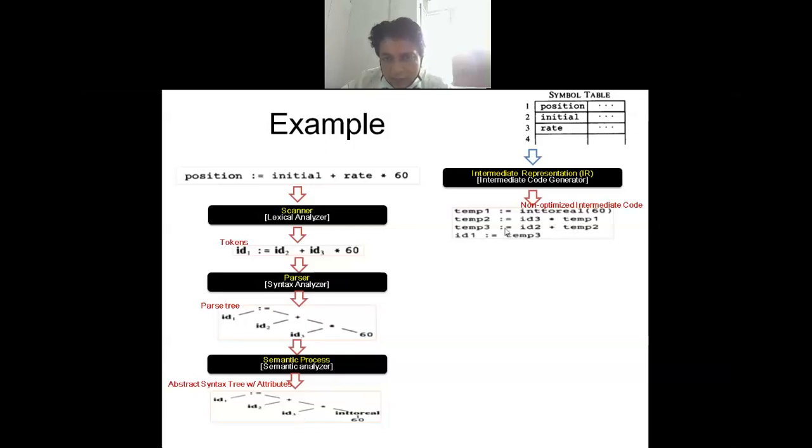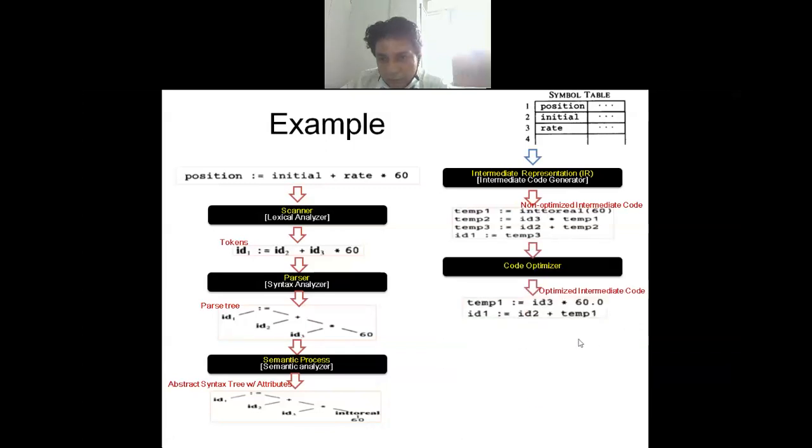In temp3, we store id2 plus temp2, and id1 stores the value stored in temp3. By this we get the intermediate code representation, which is treated as the 3 address code. So every instruction like temp1, temp2, temp3 is also known as the 3 address code, which we are going to study in the third unit of your syllabus.